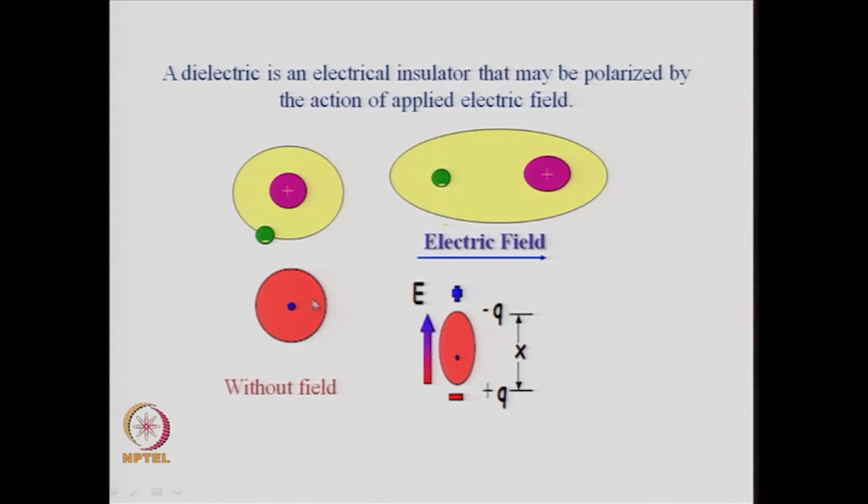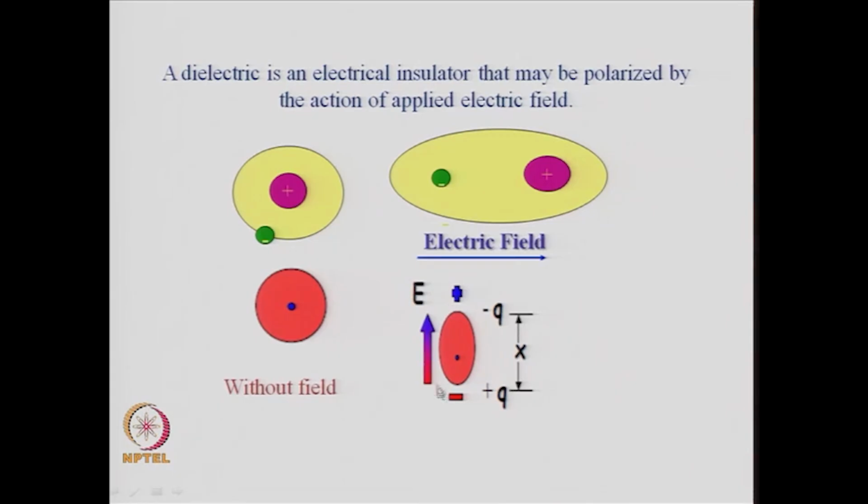This kind of particle without the field may give you an average polarization which is 0, whereas in the presence of the electric field there will be a resulting polarization, and that polarization will lead to a dielectric constant. Without field it looks like this.